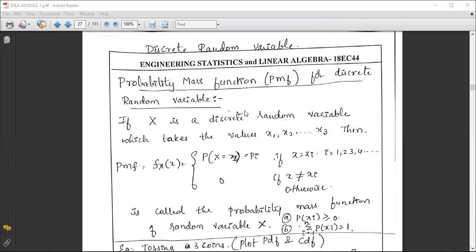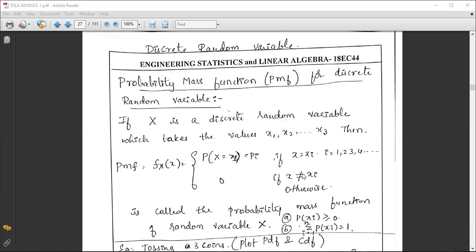What is the probability mass function for a discrete random variable? If x is a discrete random variable which takes the values x1, x2, x3, and so on, then the probability mass function f_X(x) is the probability that x equals xi, which is p_i, for i taking values 1, 2, 3, and so on, and 0 if x is not equal to xi.